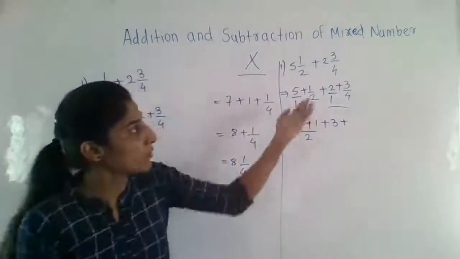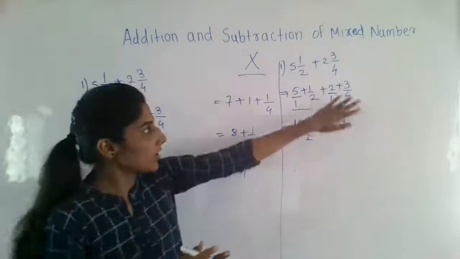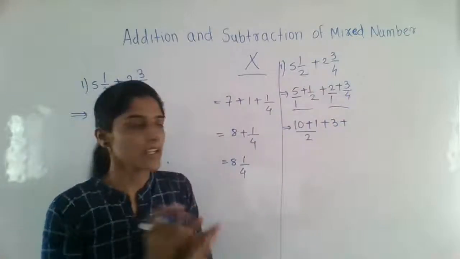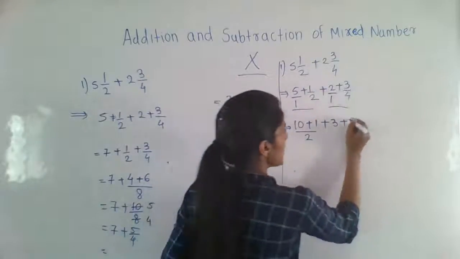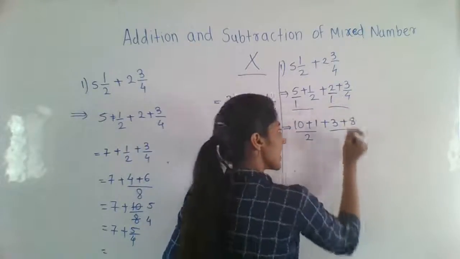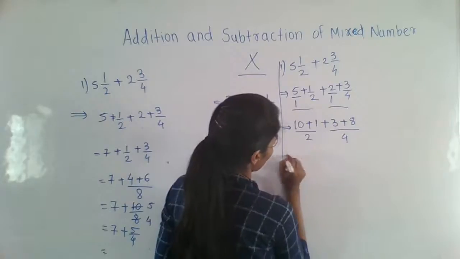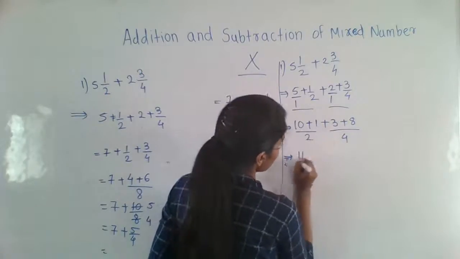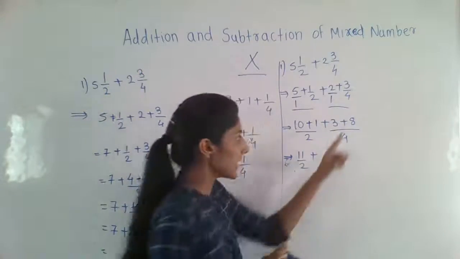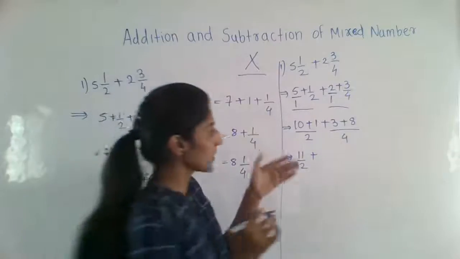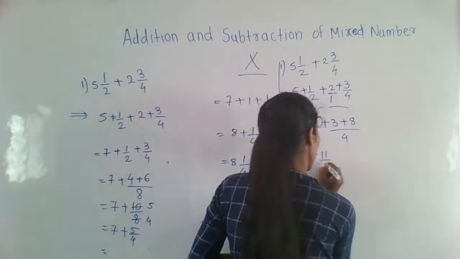You can do anything, the answer will be the same, that is 8 upon 4 ones are 4. Okay, now 10 plus 1, 11 by 2 plus 11 by 4.